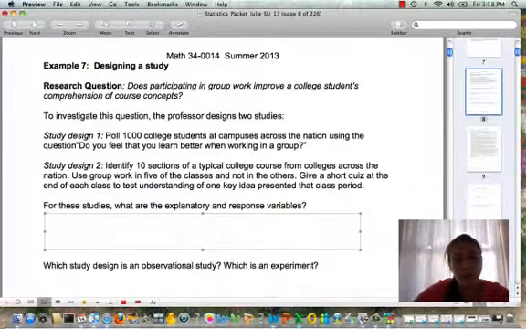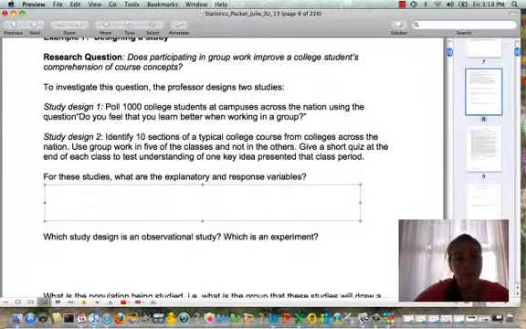Our first question is asking, for these two studies that are explained, what are the explanatory and response variables? The research question asked about participating in group work and the course concepts.